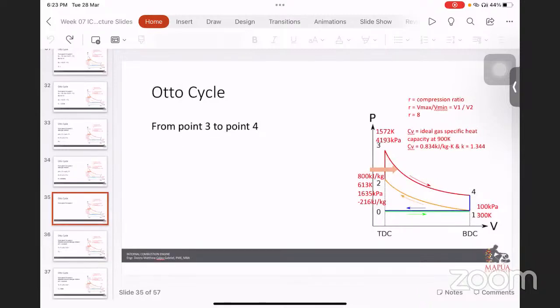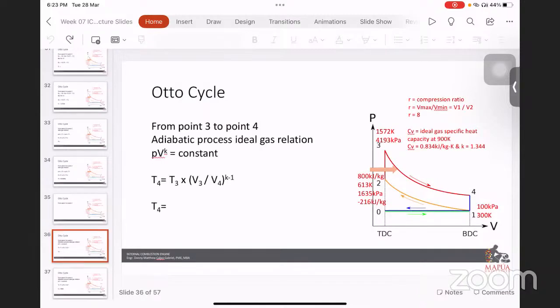So next, from point 3 to point 4. Again, adiabatic process. Constant ideal gas law. Ito yung PV is equal to MRT converted from temperature to volume. So dito, given na sa yung volume at 4 and volume at 3.